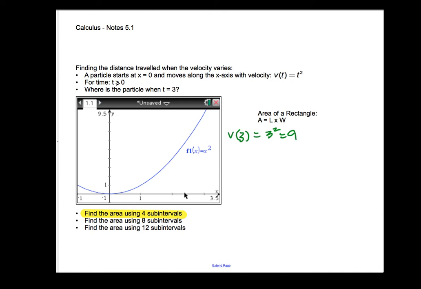On the graph that I've got for us, we're just going to look over here and start at 3. So here's 1, here's 2, here's 3. We're going to look straight up here like this, and find the area under that curve.